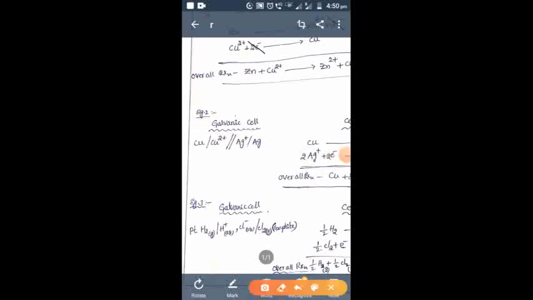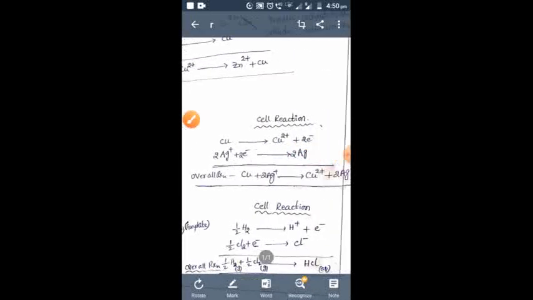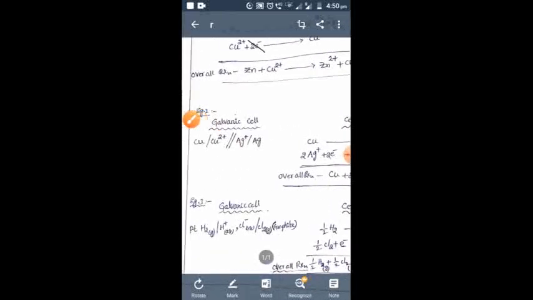Next, look at another galvanic cell, and that one is Pt,H2 / H+, Cl- / Cl2. For hydrogen, platinum is the electrode. For chlorine, they have taken a graphite rod as the electrode. Now look here.